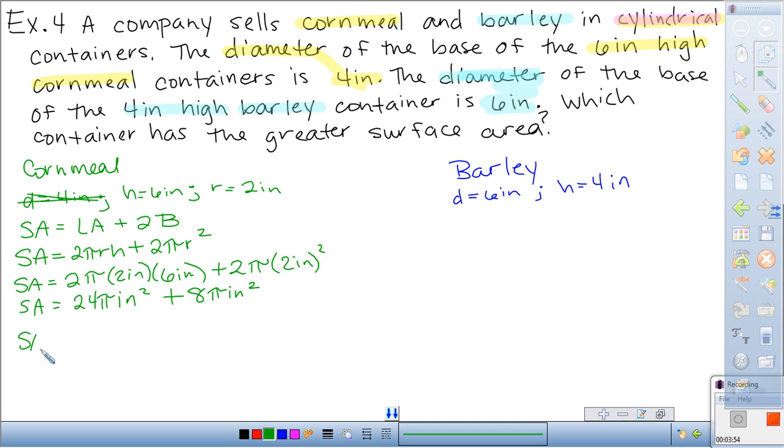Then if we add these two together, we end up with 32 pi inches squared. And you could go ahead and multiply 32 times pi, but just stopping right here, we should be able to tell which one is larger, cornmeal or barley.